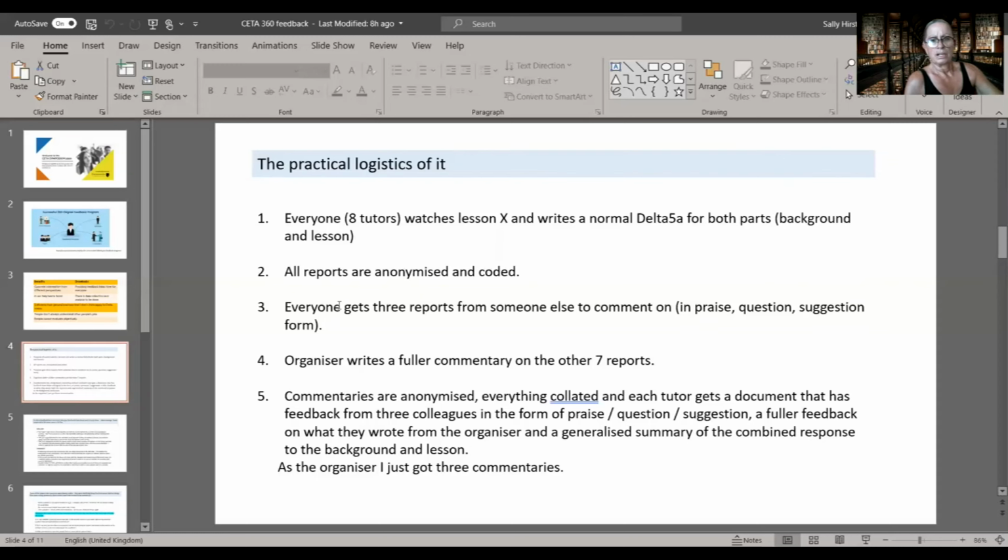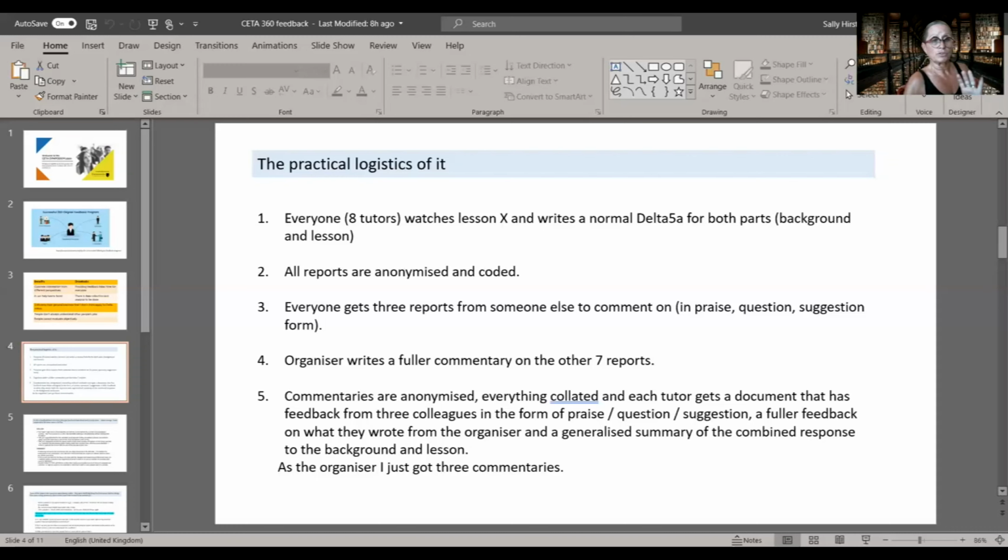So when I had done that, I was able to compile and send things back to tutors. What I ended up with, to give you an idea of what some of that looked like: this first slide is an extract from a fairly solid, middle-of-the-road piece of feedback from a tutor on someone else's report, doing exactly what I asked.